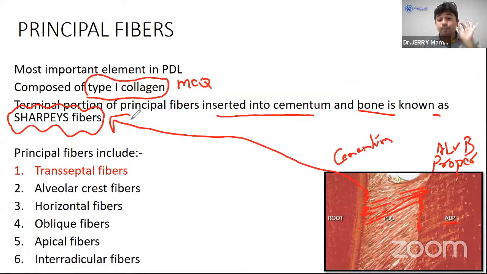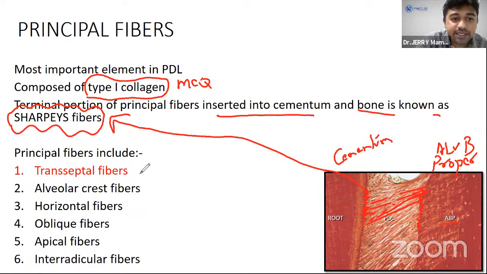So the terminal portion of your principal fibers inserted either into the cementum or into the alveolar bone, what is it known as? As your Sharpey's fibers. Okay. Now the principal fibers are divided into 6 groups. What are those groups?